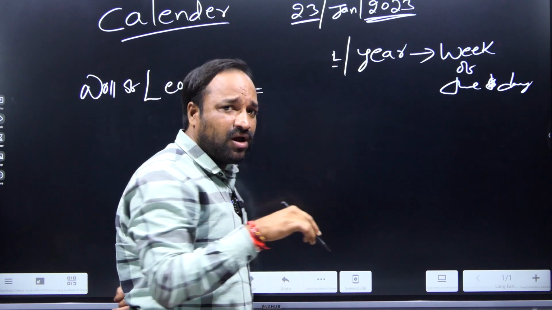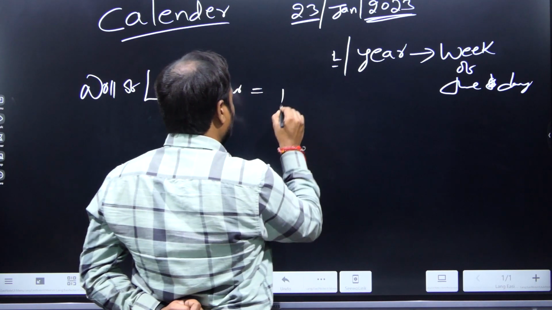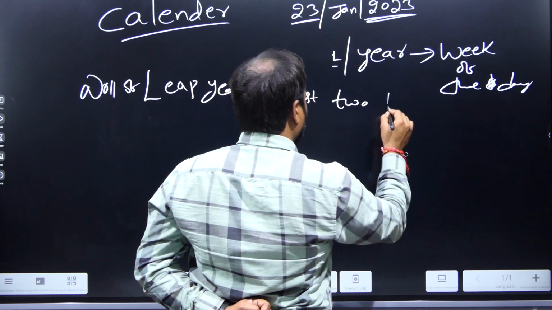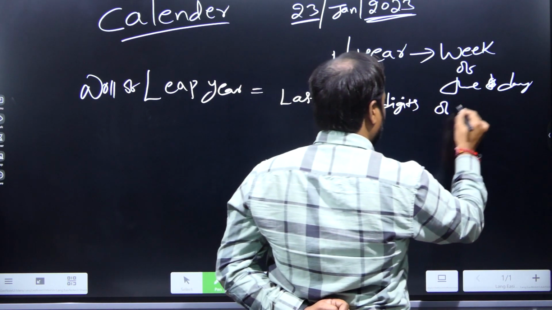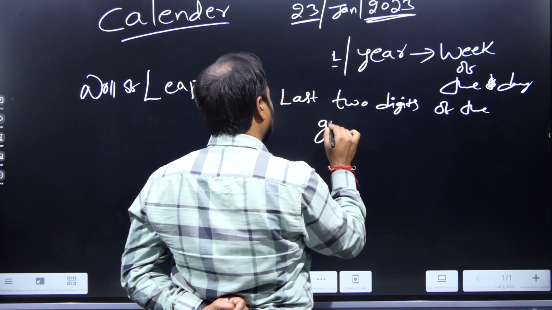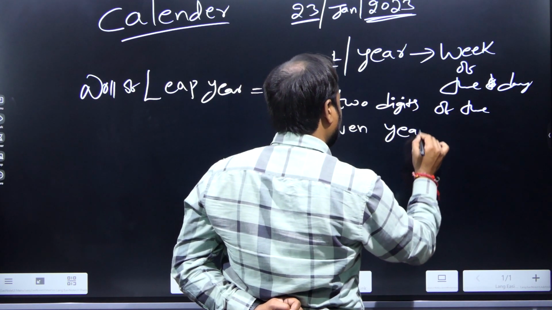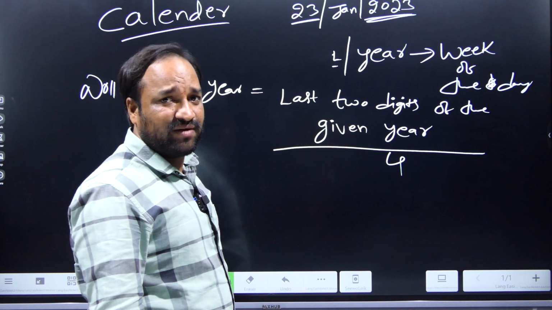In the given year also, we have to consider only the last 2 digits of the given year. Last 2 digits of the given year must be divided by 4.